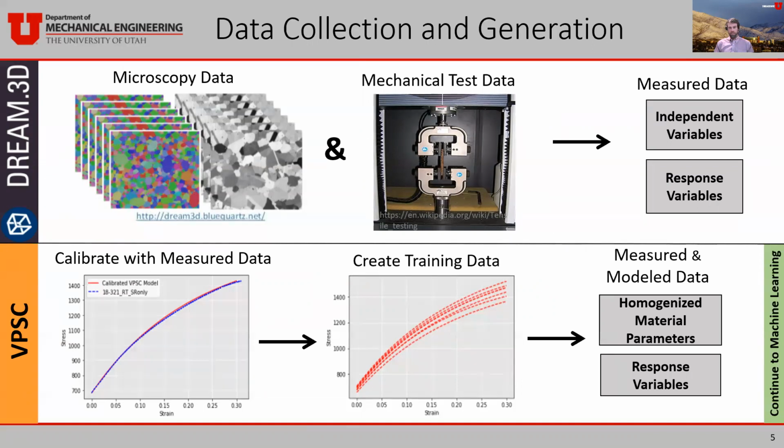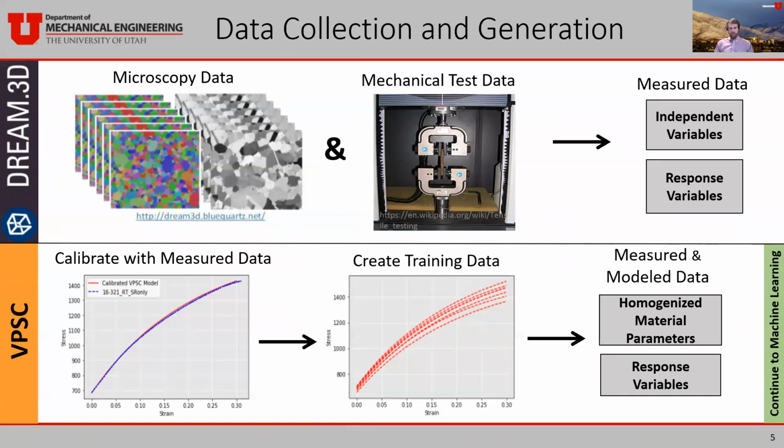That uncertainty propagation was accomplished by resampling texture from the original observed or experimental data set. And that way we were able to use VPSC to fairly rapidly produce hundreds of additional stress strain curves to be used as a training data set.